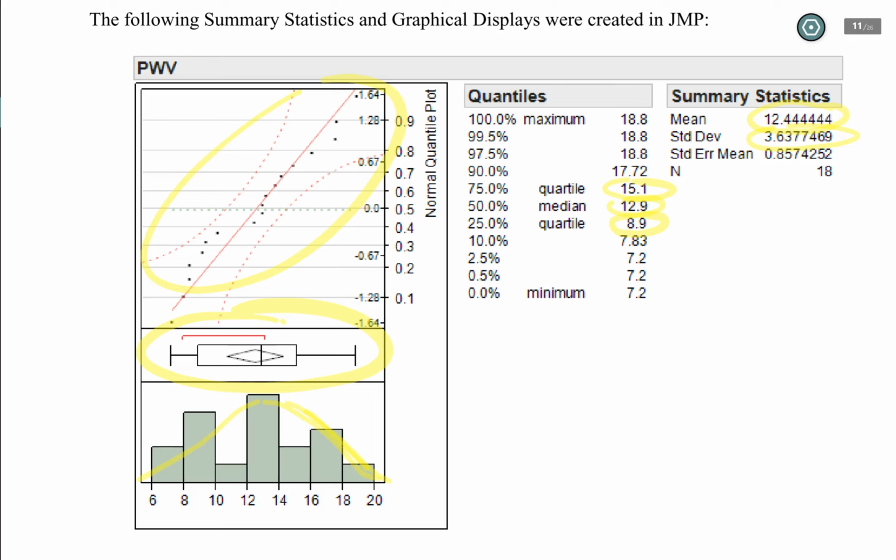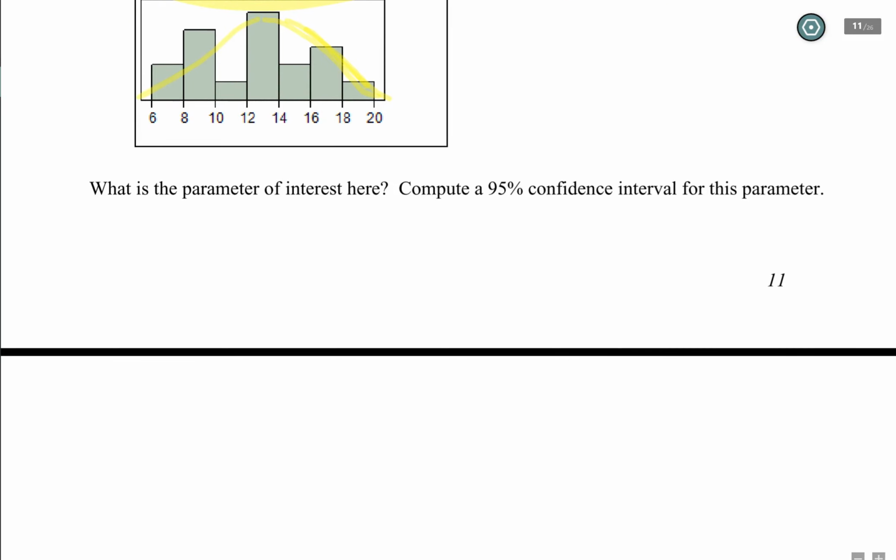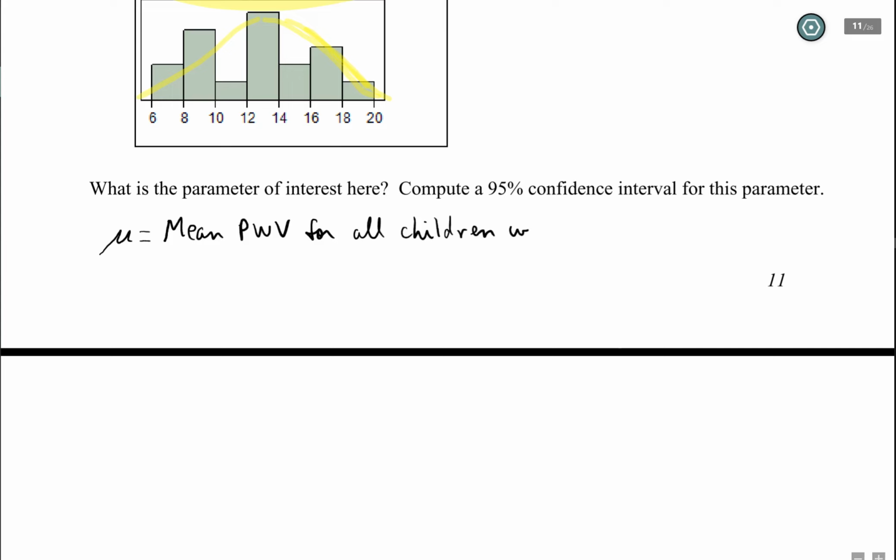All right, so going on to answering some questions here. What is the parameter of interest? Well, it's mu, and that is the mean or the average pulse wave velocity for all children with HGPS.